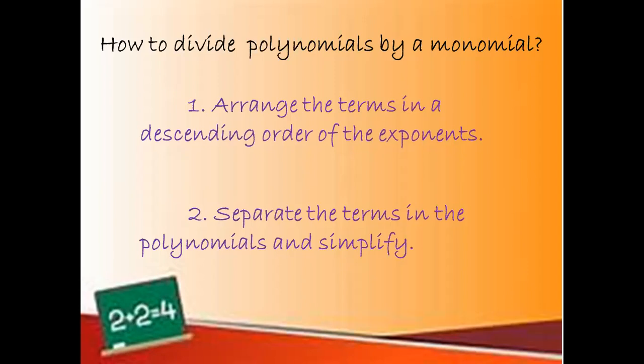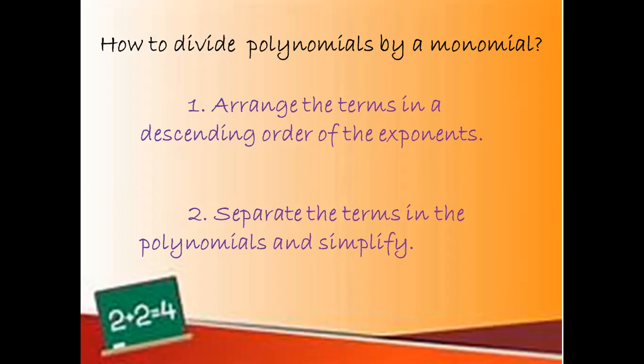All right. So after you have arranged the terms according to the exponents or the power, now separate the terms in the polynomial and simplify. So what does it mean? We will have to do division by term.